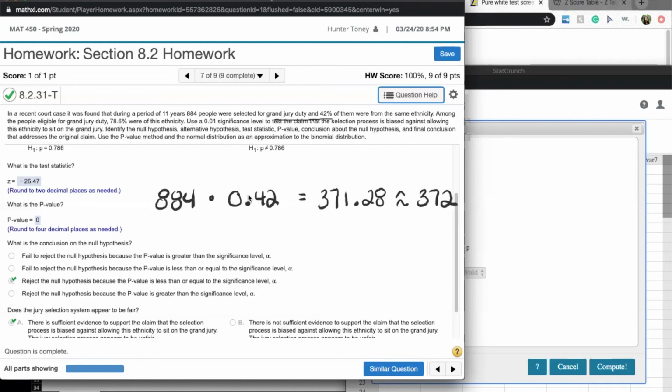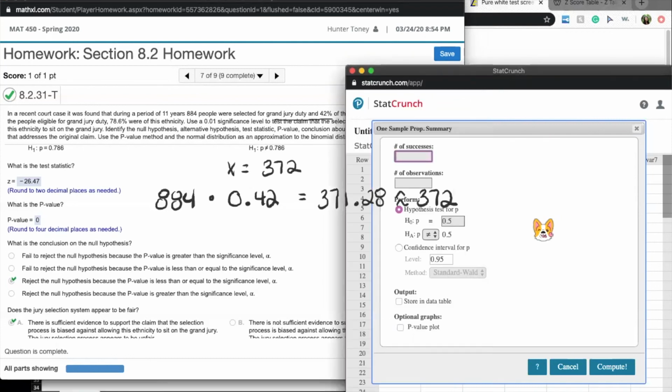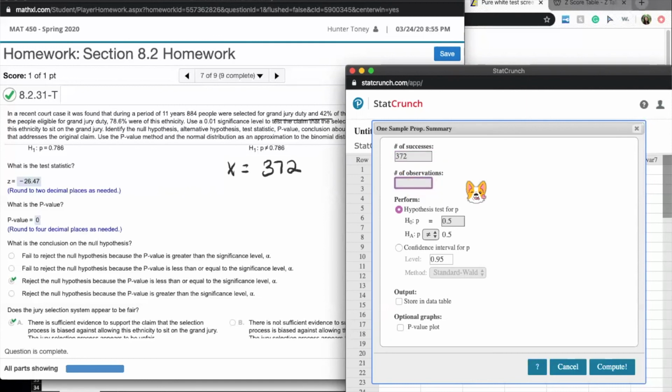So once we have that, we know our number of observations that we're measuring is the 372 people of that ethnicity. So we can clear that and plug in our 372. And then our number of observations is the total number of people who sat on the grand jury, which is our 884.